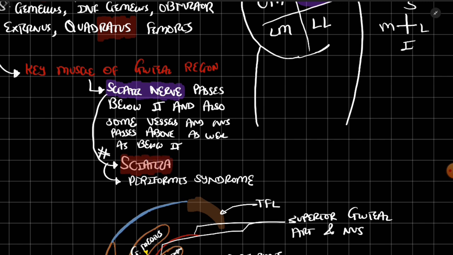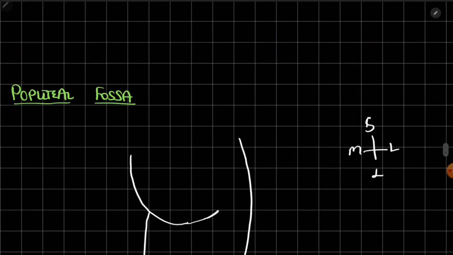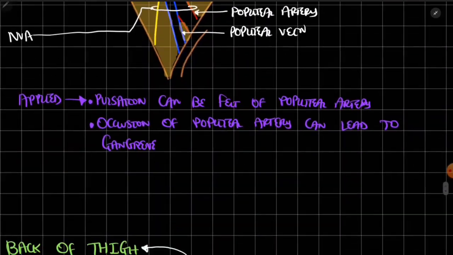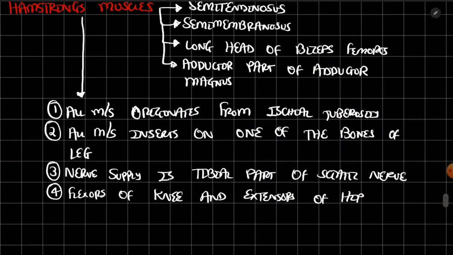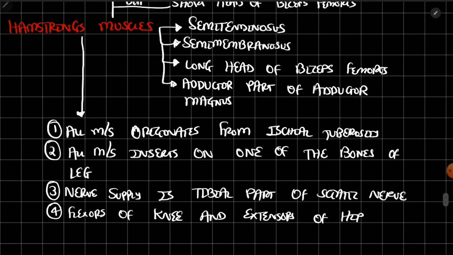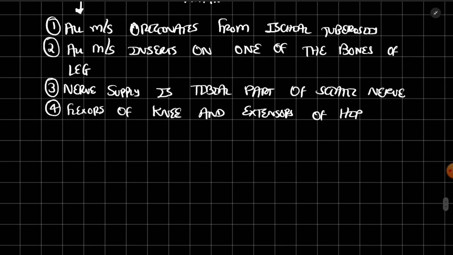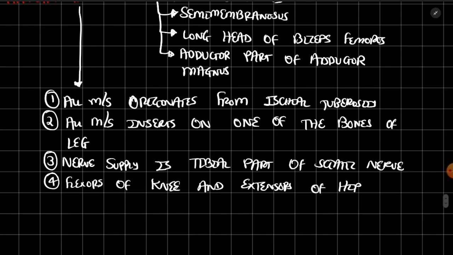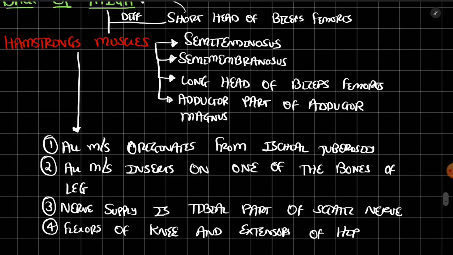Sciatica is basically compression of the sciatic nerve, which causes the common tibial nerve and the common peroneal nerve to get compressed, and basically we can't use these muscles. We feel numbness or tingling sensations. So these symptoms come, therefore this is known as sciatica. Okay, the compression of the sciatic nerve.